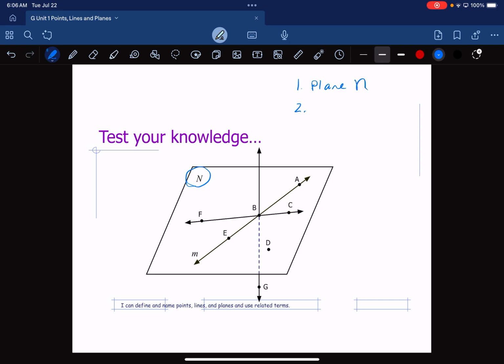So number 2, name a line in the plane. There are several things we could do here. Notice there are 2 lines that kind of pass through the plane. That's this line here and this line here. So we just have to figure out the best way to name those. We could name line M. That's this here.